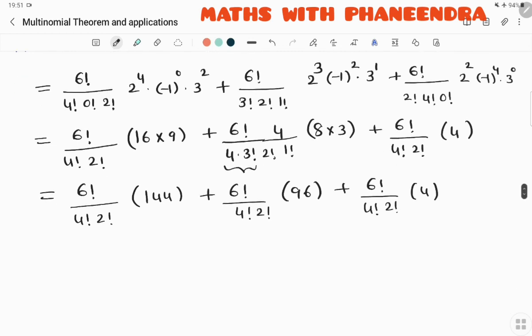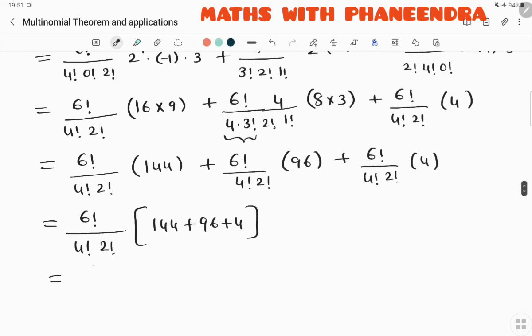Now take common 6 factorial by 4 factorial into 2 factorial: 144 plus 96 plus 4. This value is 96 plus 4, 100, 100 plus 144 is 244.